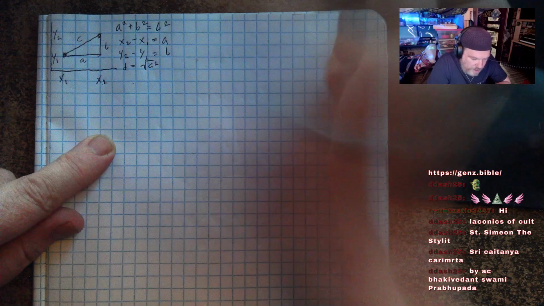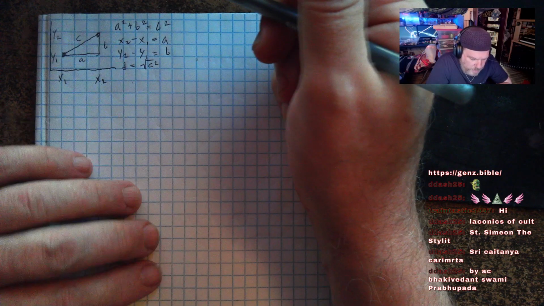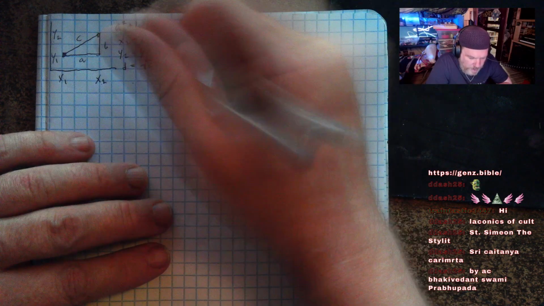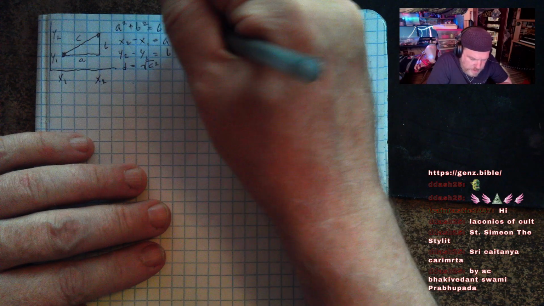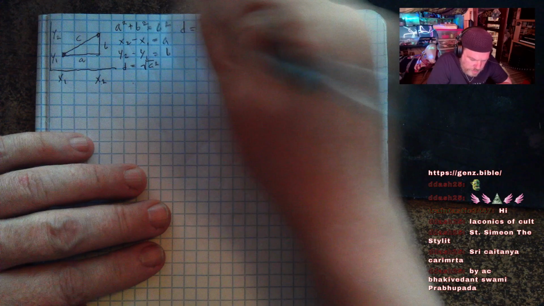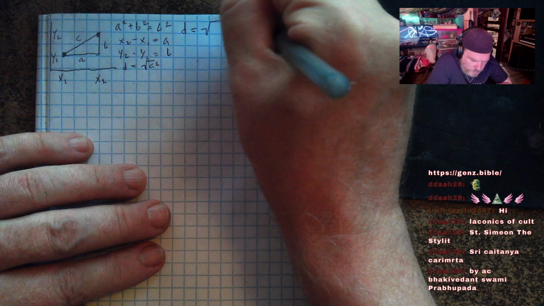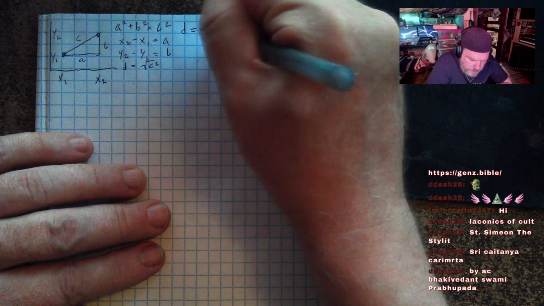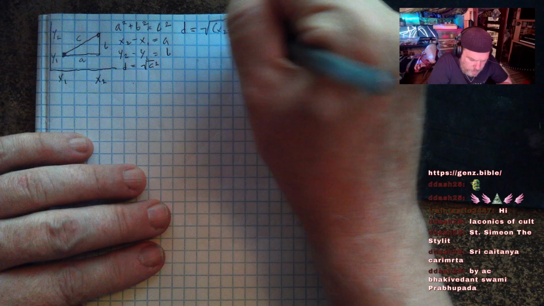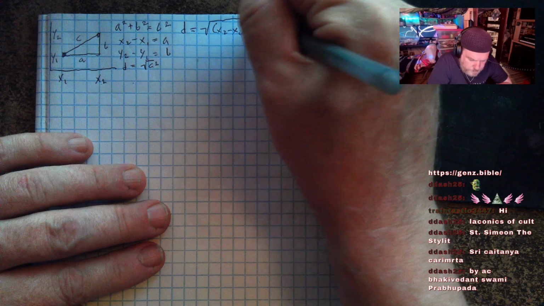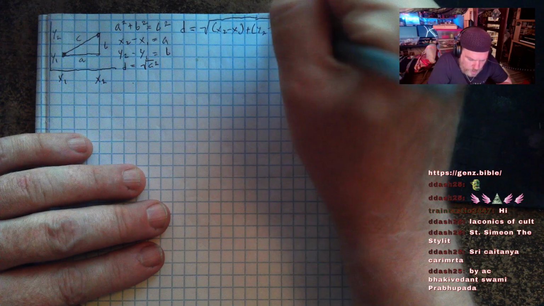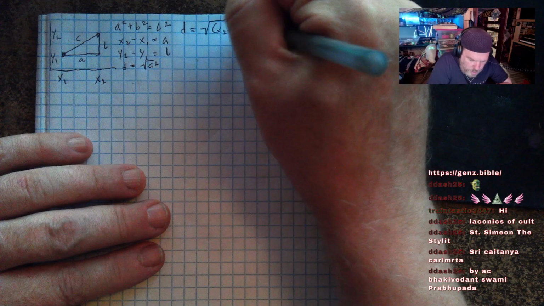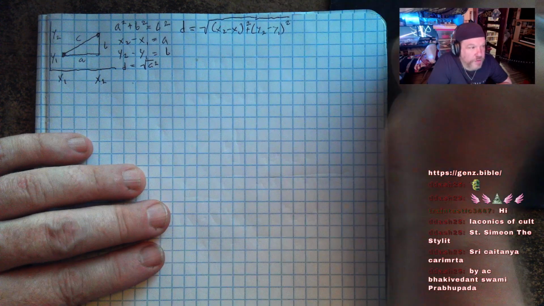So the distance between these two points is the square root of the sum of (x2 minus x1) squared plus (y2 minus y1) squared. This is the Pythagorean theorem.